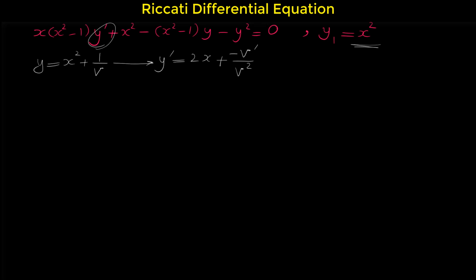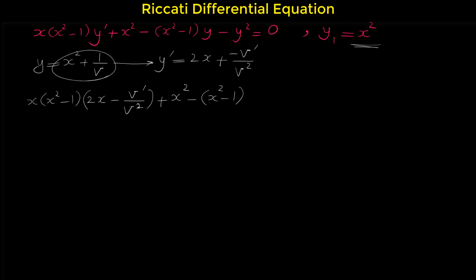Now if we replace y prime with this, we have x times (x squared minus 1) times (2x minus v prime over v squared) plus (x squared minus 1) times y, which is x squared plus 1 over v, minus y squared, this squared.